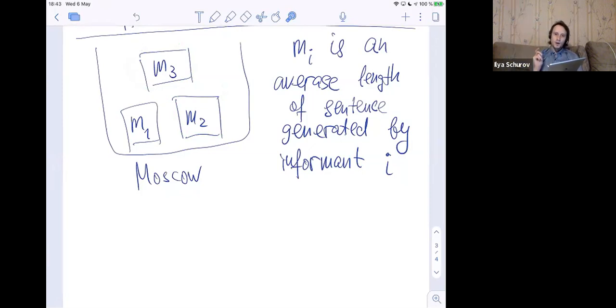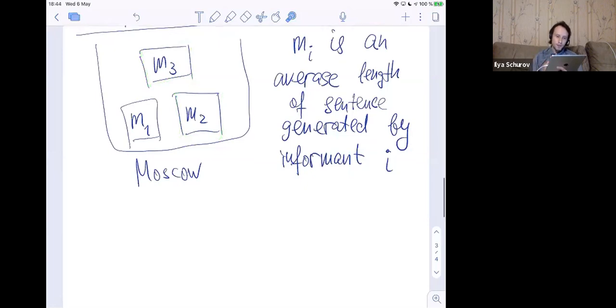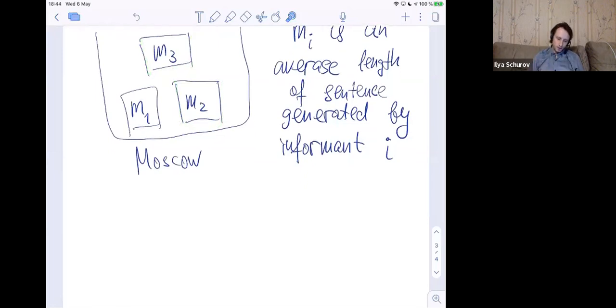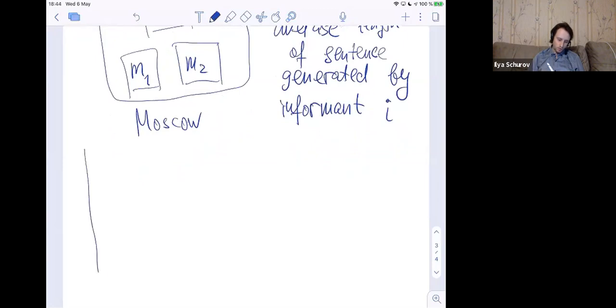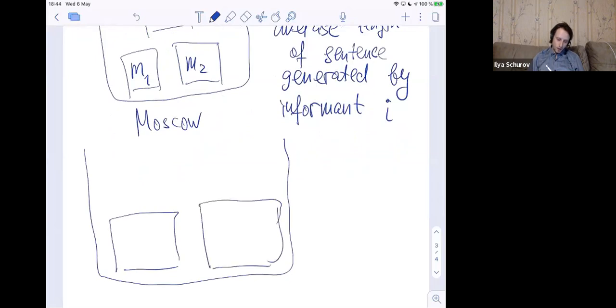But now I do a bit more complicated thing. Let me draw a picture. I have one large box, and inside this large box I have smaller boxes. And in these smaller boxes, I have balls with numbers on them.